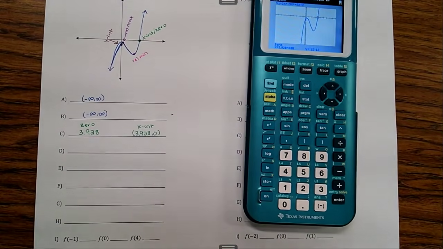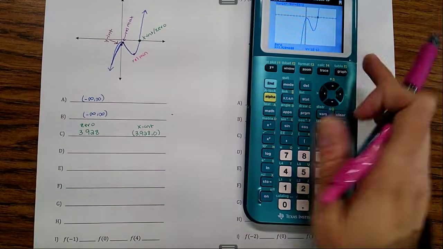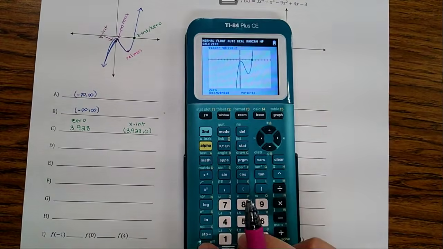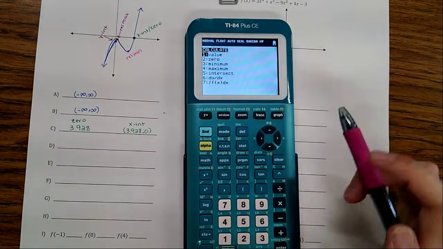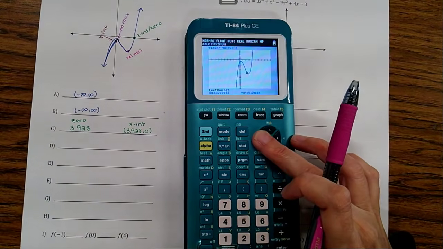All right, the next thing that they're asking us for is where it's increasing, decreasing, or constant. So I need to find the minimums and maximums first. So let's find that relative maximum. Second trace, maximum is number 4. So we're going to go close to the maximum.